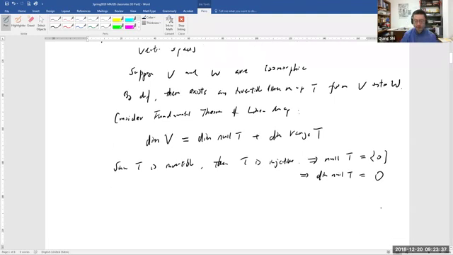Invertible means injective and surjective, right? And injective means different inputs go to different outputs. So 0 goes to 0, and you cannot have another vector go to 0. So null T is only 0, and that means the dimension of null T is 0.